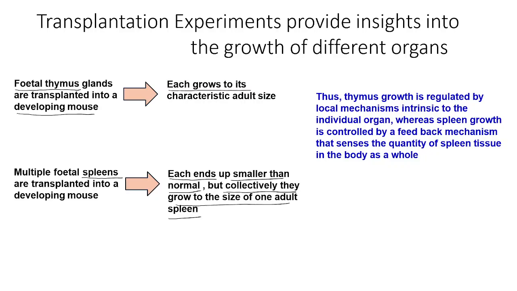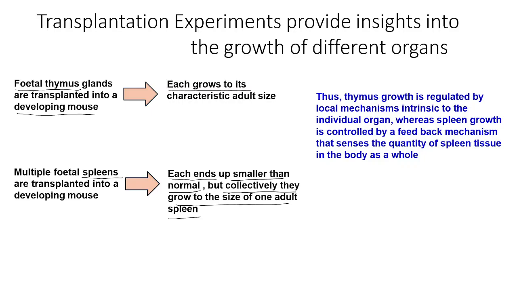Now, classic transplantation experiments give insight into how organ growth is regulated. For example, when fetal thymus glands are transplanted into a developing mouse, each thymus grows into its characteristic adult size, regardless of how many are transplanted, suggesting local, organ-intrinsic mechanisms regulate thymus growth.